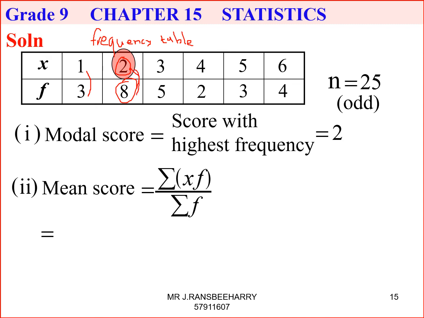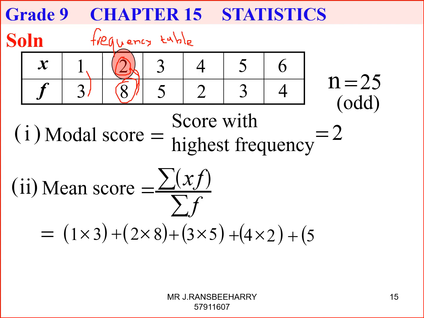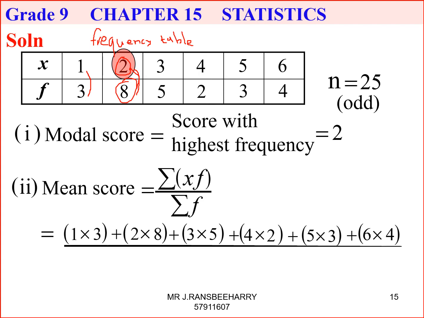So the total score for the 25 matches is 1 times 3 plus 2 times 8 plus 3 times 5 plus 4 times 2 plus 5 times 3 plus 6 times 4, divided by the number of matches, 25, or 3 plus 8 plus 5 plus 2 plus 3 plus 4. Upon calculation, we obtain 81 over 25.